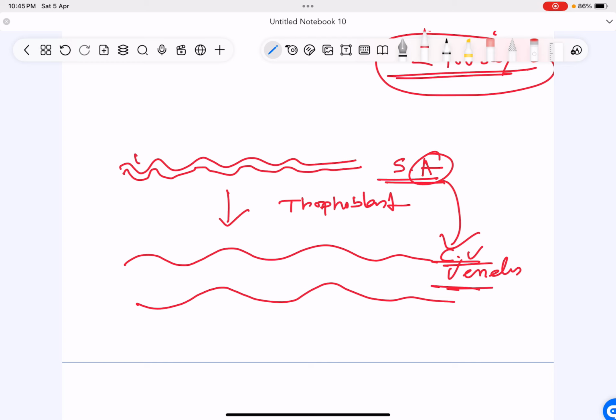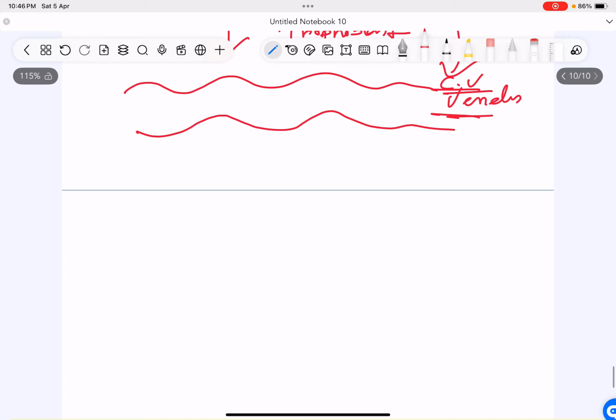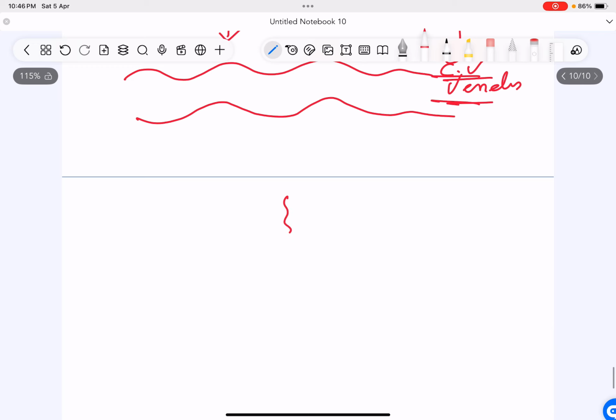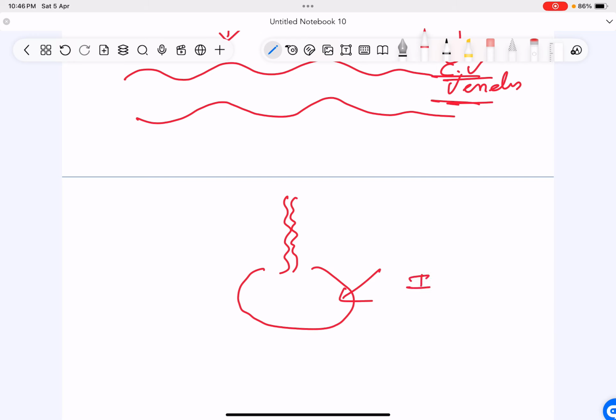Spiral arteries stay narrow, muscular and high resistance because the spiral artery ends at the intervillous space. So suppose this is a spiral artery, this will end in a space called intervillous space. मैं यहाँ पे बहुत ही गंदा डायग्राम दे रहा हूँ.